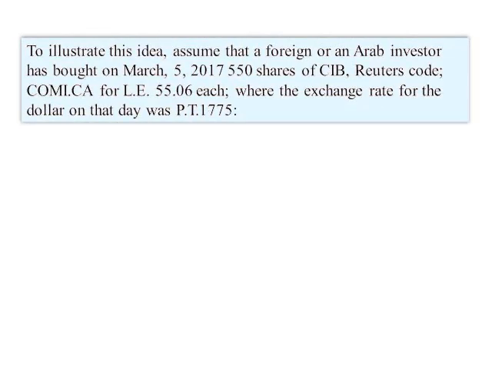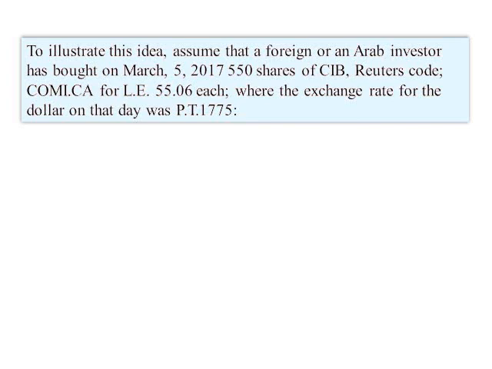Let us have an example about this kind of transactions. Assume that we have an Arab or a foreign investor who has bought on any day, say March 1st, 2017, 550 shares of CIB Bank.